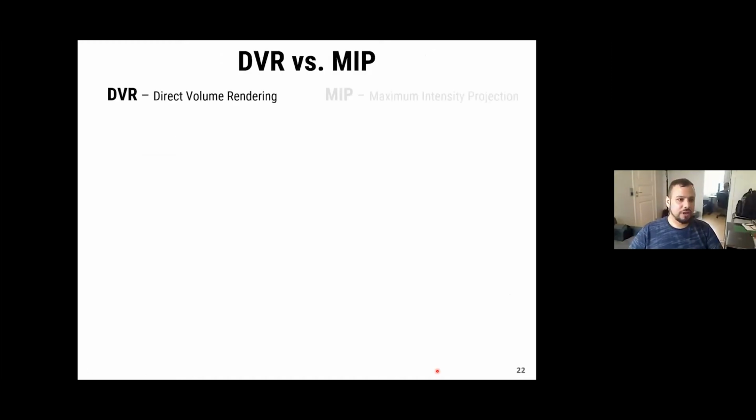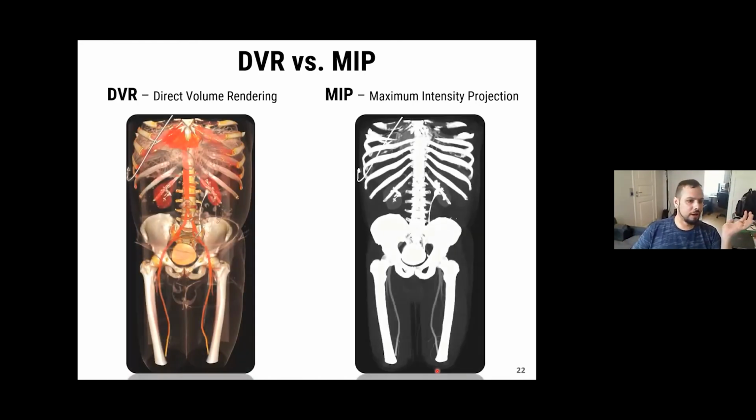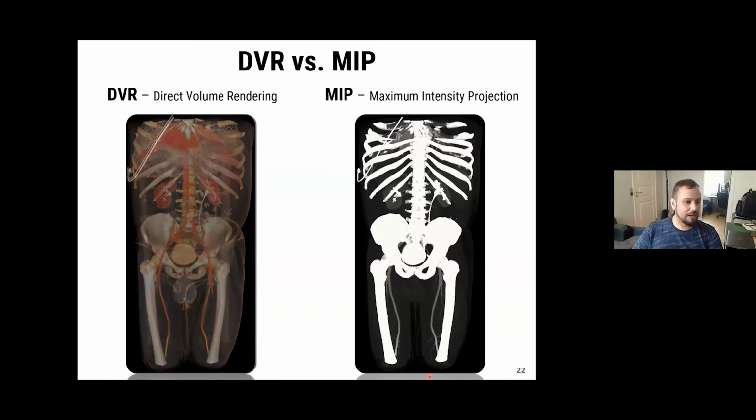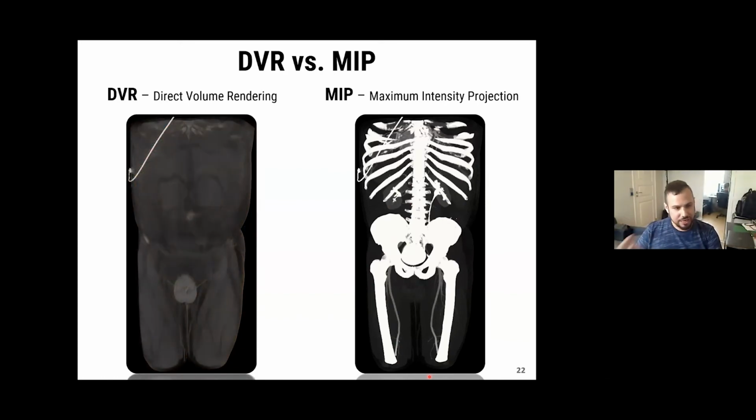Now, when we are comparing these two approaches, we maybe often see something like this. DVR creates something quite colorful, whereas MIP creates these black and white images. But in reality, of course, when we are looking at the same type of transfer function, then we may rather compare those two things.